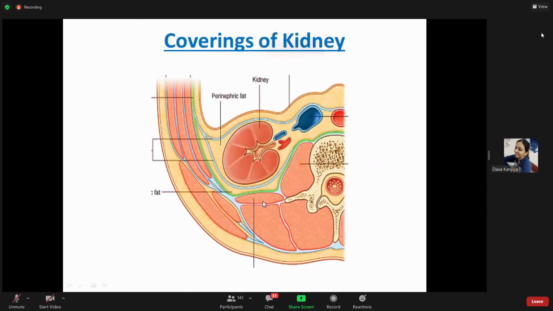So this is the cross section of the posterior abdominal wall. This is the vertebral column. Can you identify these 2 major vessels? This is the outline of the kidney, right?